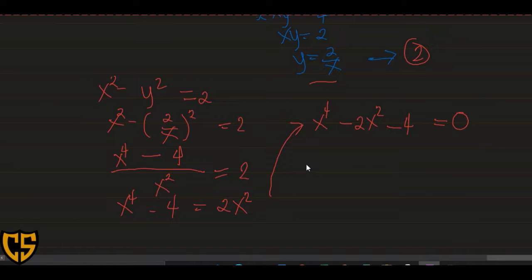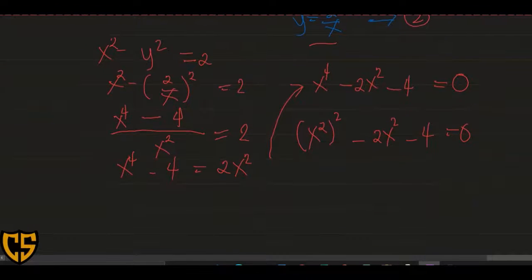We could reduce this one into (x squared) squared minus 2x squared minus 4 is equal to 0. So this is now quadratic form. So parehas lang na siya nga may ara ka nga value nga a squared minus 2a minus 4 is equal to 0. So parehas lang ni iya nga form, wherein ang imo nga a is represented by x squared.